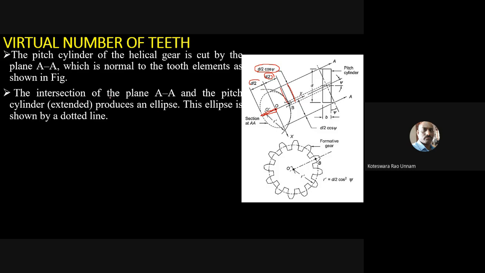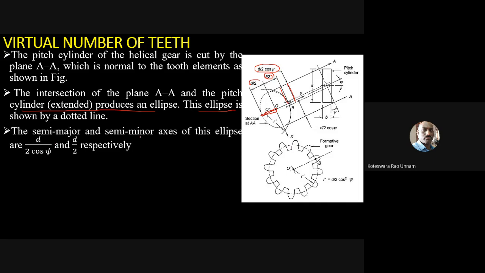So the intersection of plane AA and the pitch cylinder extended produces an ellipse, shown as a dotted line. The semi-major and semi-minor axes of this ellipse are d by 2 cos psi and d by 2. Why do we want to do this? We want to find out the equivalent.